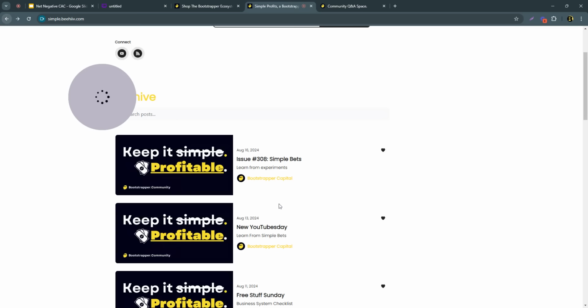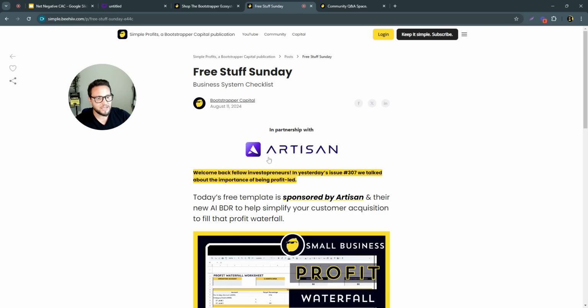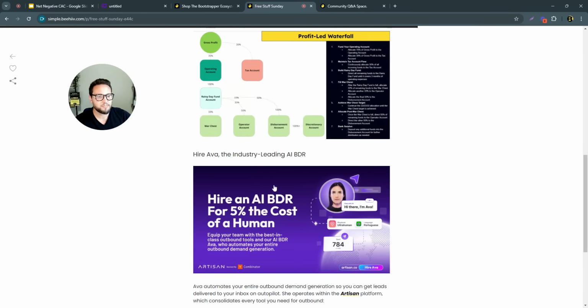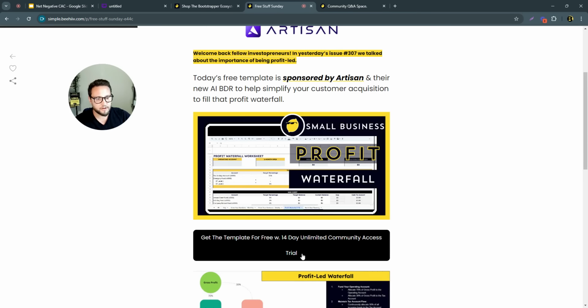Coming back to the newsletter itself, Free Stuff Sunday is usually a sponsored type of campaign. This one was in sponsorship with this brand. We usually call out that they're sponsored and we get paid for this. We run the same playbook: it's a sponsorship, and we try to deliver value to our funnel as well.